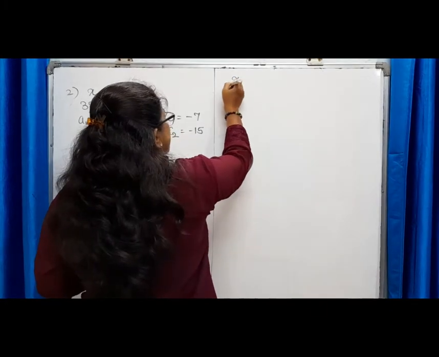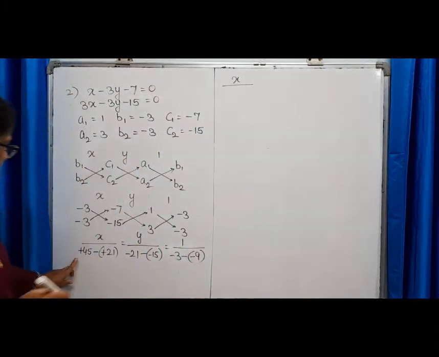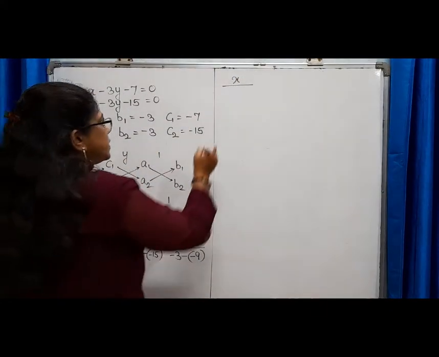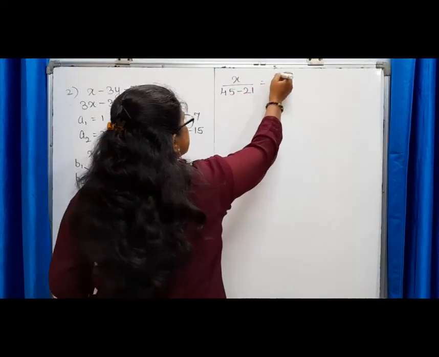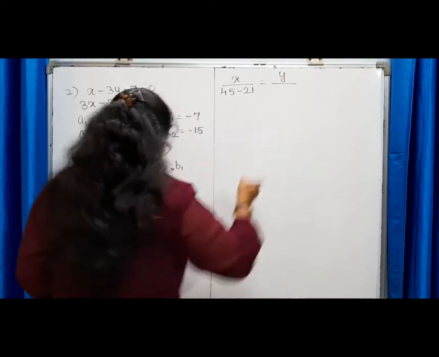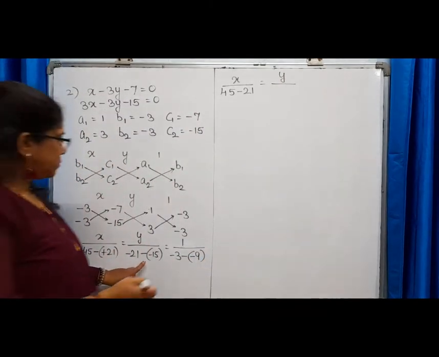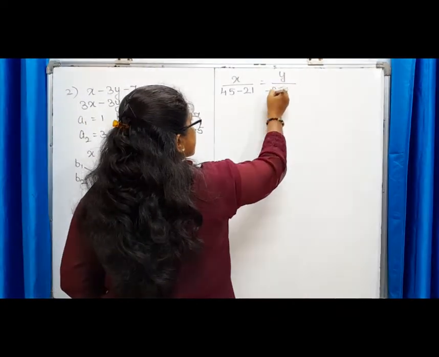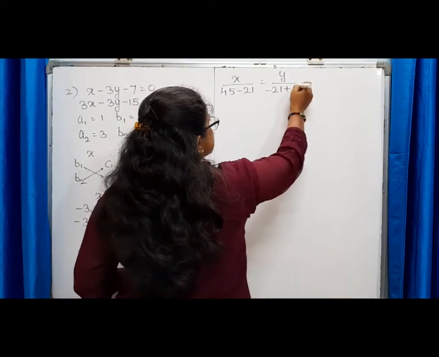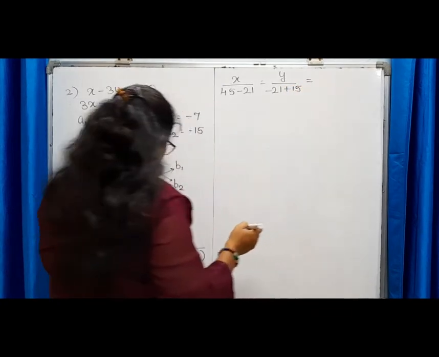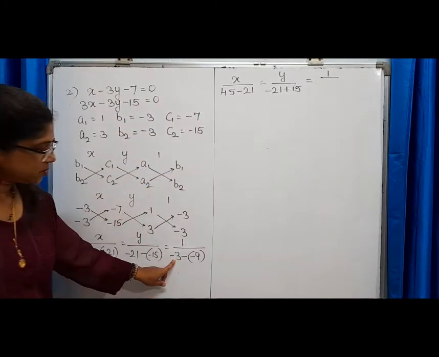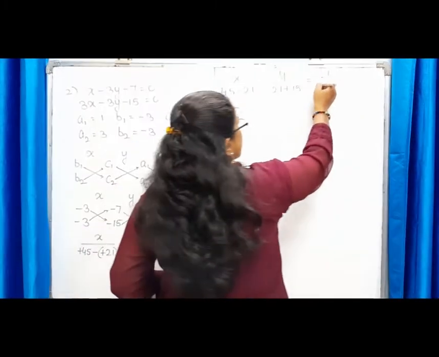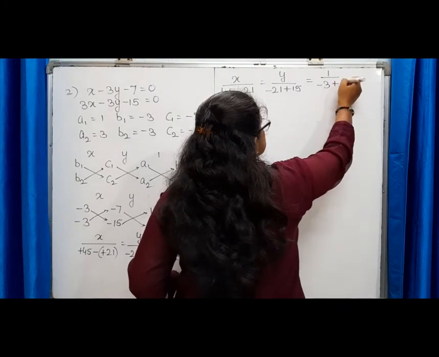Now here our fraction x upon 45 minus 21 is equal to y upon minus 21 plus 15, is equal to 1 upon minus 3 plus 9.